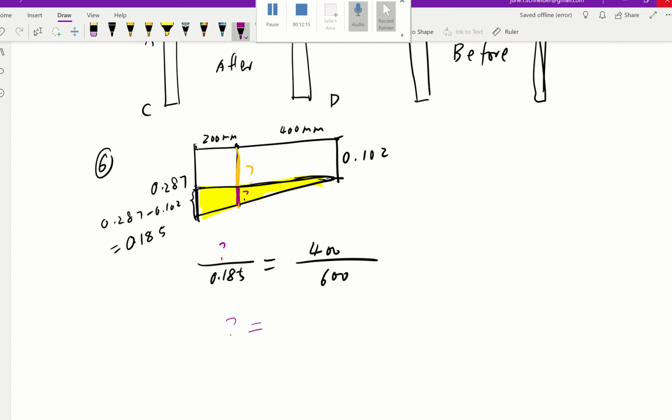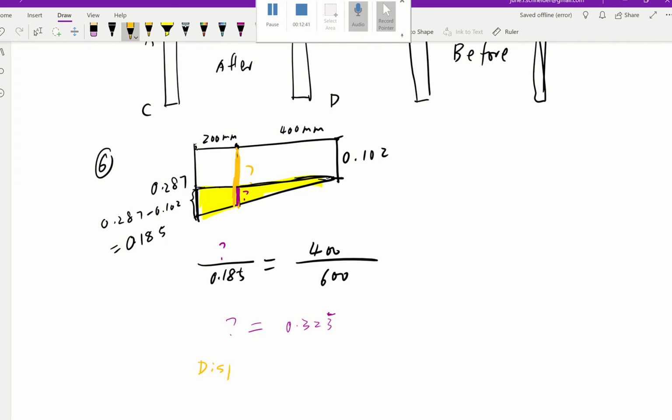So 400 times 0.185, then divided by 600. I have 0.323 repeating. So knowing that, we want to find this entire length, this one here. That would be the displacement, right?